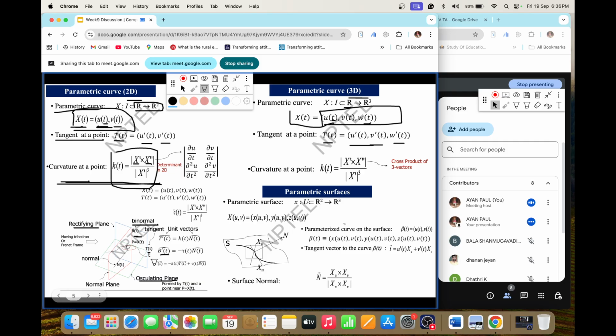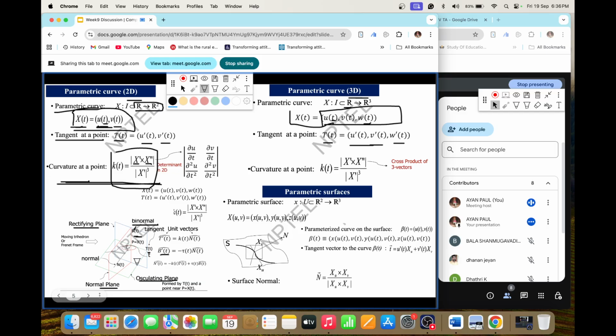And then we have the osculating plane that is made from T(t) and N(t), that is tangent and normal. Sorry, three planes: normal plane, rectifying plane, and osculating plane.